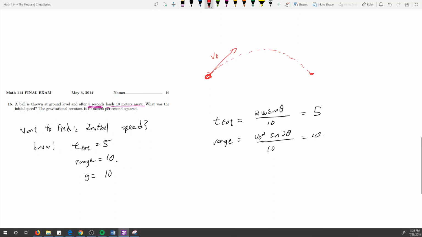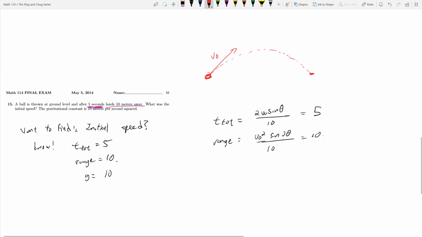I can find the initial speed if I complete my triangle here, right? So I can take this part, which is v naught cosine theta, right, and this part, which is v naught sine theta, and I can simply use the Pythagorean theorem to find what v is, because then v naught is really the square root of v naught cosine theta squared plus v naught sine theta squared, right?